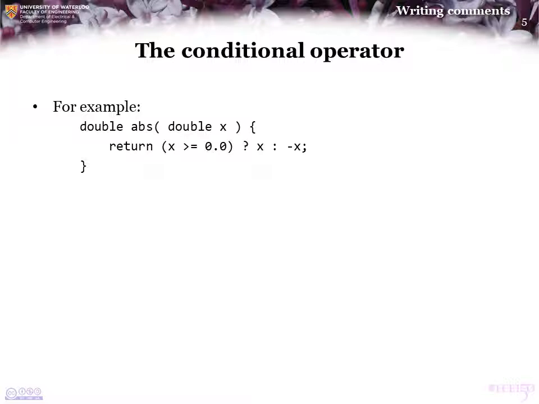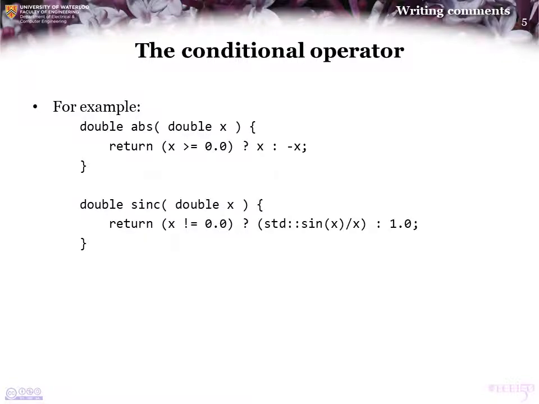If, however, x greater than or equal to 0 is false, then the entire expression evaluates to the alternative expression, which is negative x. And so if x is negative 17, then the condition is false, and the entire expression evaluates to a negated negative 17, which is positive 17.